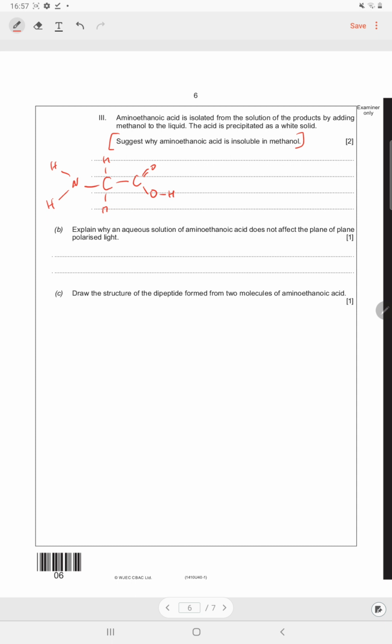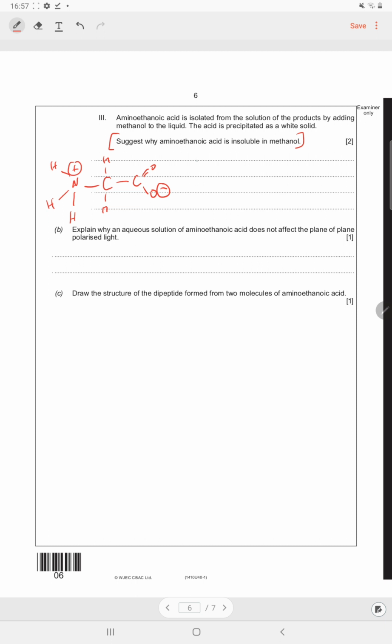Based on what we've just been discussing, you might guess that this could possibly form a zwitterion. So that's going to be a positive end, and that's going to be a negative end.